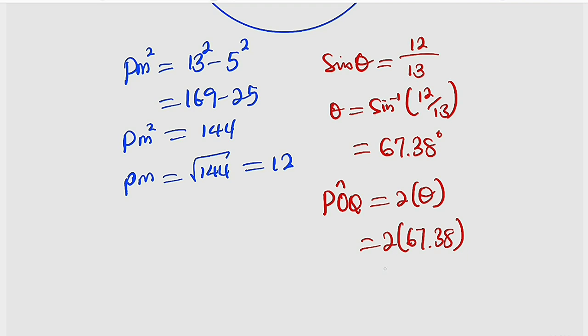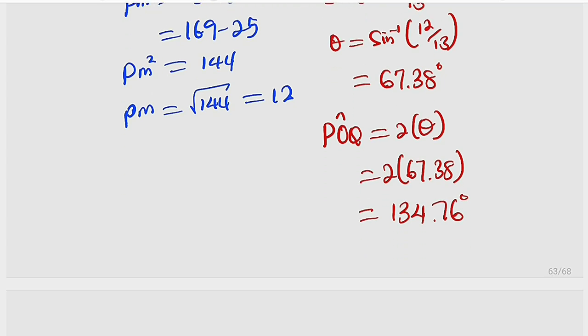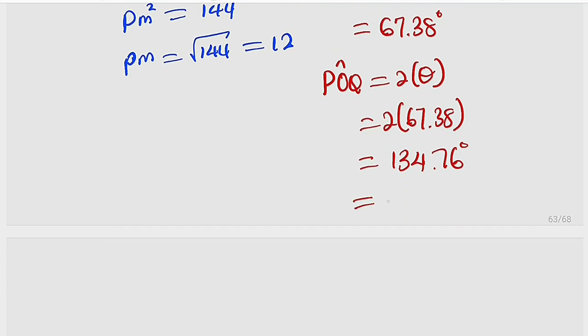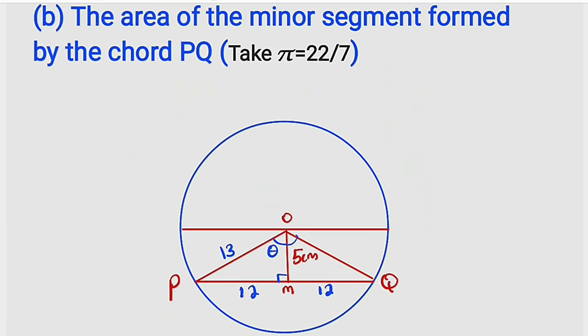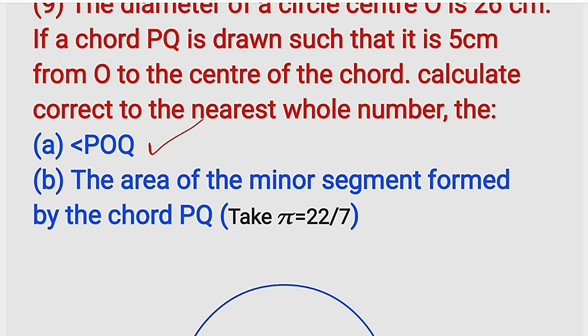And if you multiply this by 2, you're going to get 134.76 degrees. But they say that to the nearest whole number, so this will be 135 degrees. So POQ is 135 degrees. So we have just answered the first question here, which is the A part.